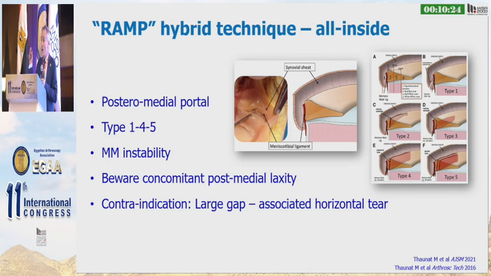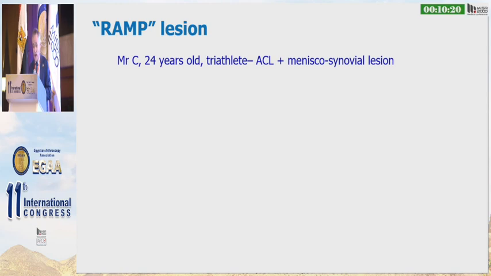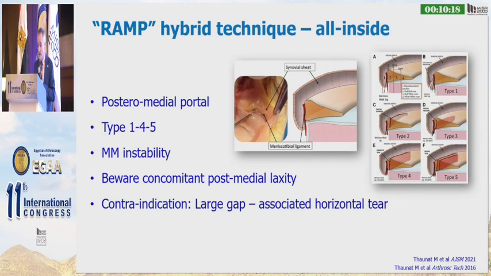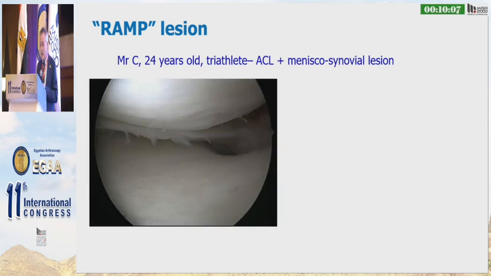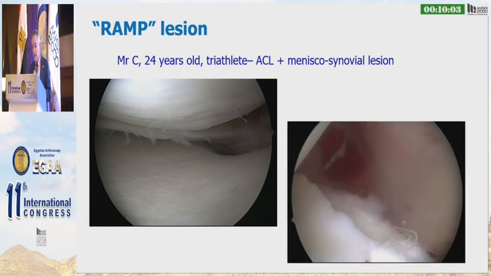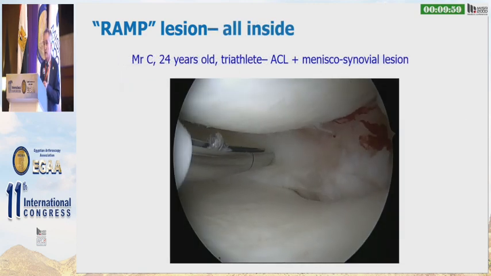Now we know that we can address some of those lesions with the all-inside technique that we used in some meniscal injuries, especially the lower injury. Here is one example. When you look from the front, it doesn't look bad. The meniscus looks okay, but when you go transcondylar, on the posteromedial aspect, you can see this lesion here.